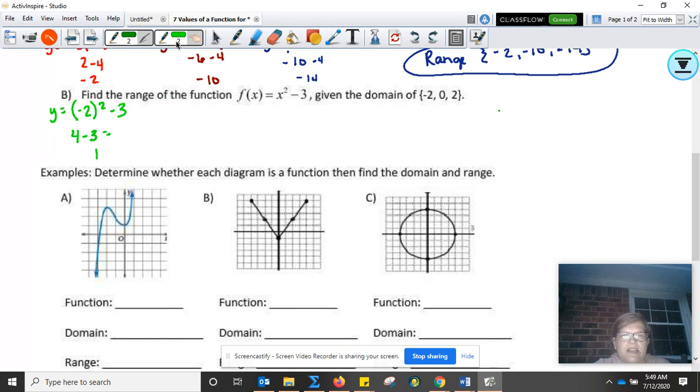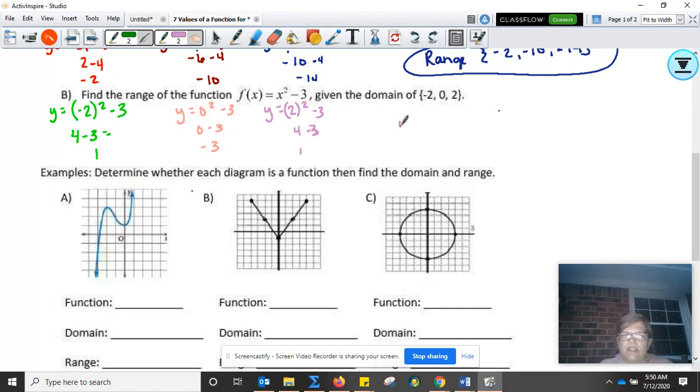Now let's go for the next one, when x is 0. So we have y equals 0 squared minus 3. So 0 minus 3 and negative 3. And when x is 2, so we have y equals 2 squared minus 3. 4 minus 3, 1.